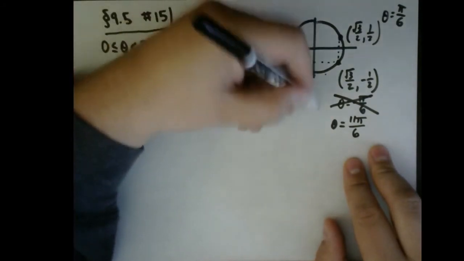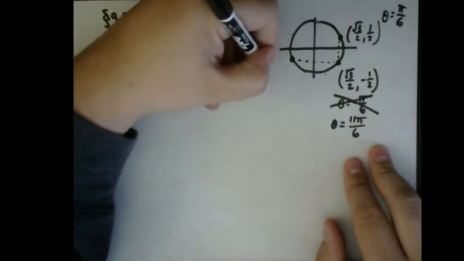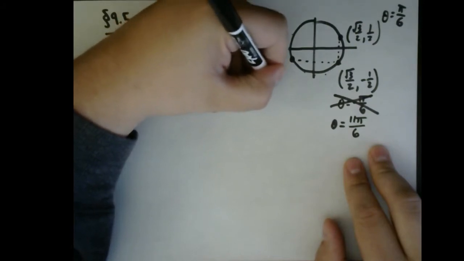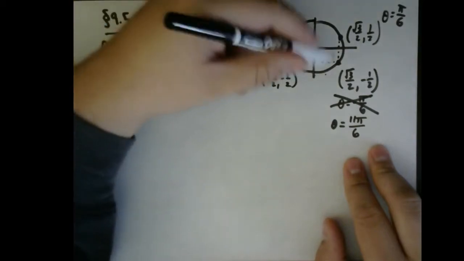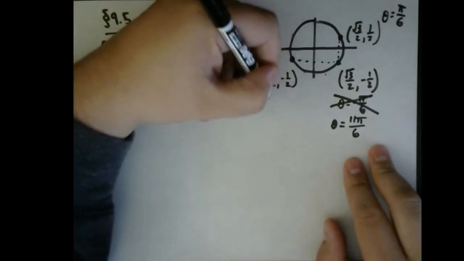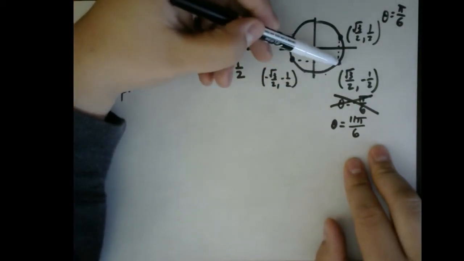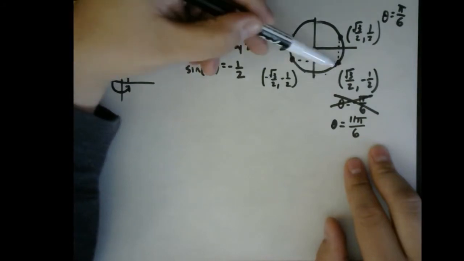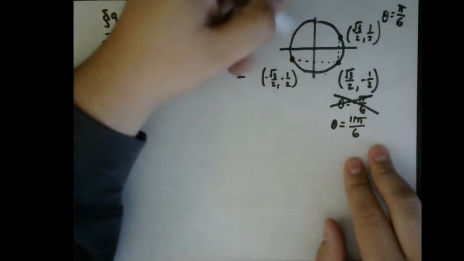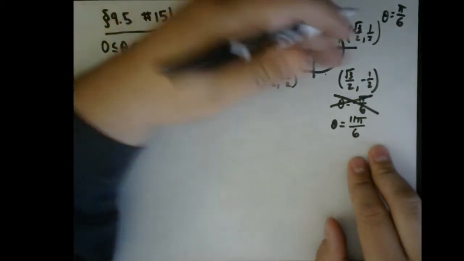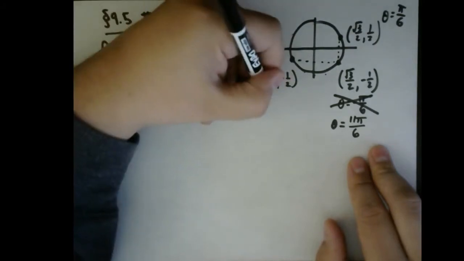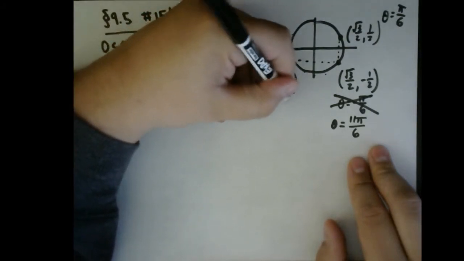I've not changed my vertical height. And so I get this point as well on this picture. The only difference is that its x-coordinate is negative because I went across the y-axis to get there. And due to the symmetry of the circle, it's going to be the exact same distance, just with a minus sign.